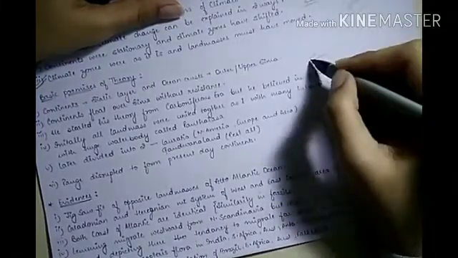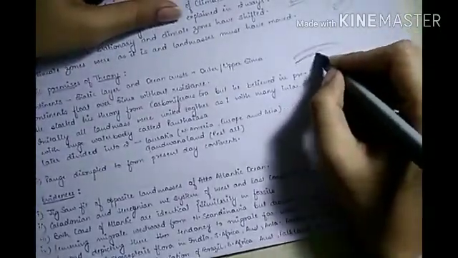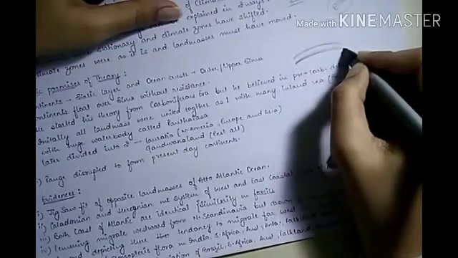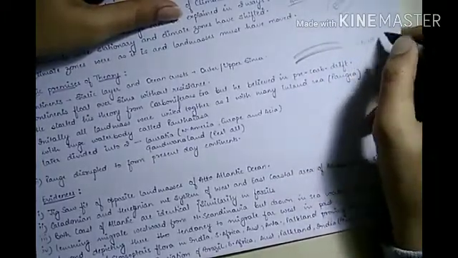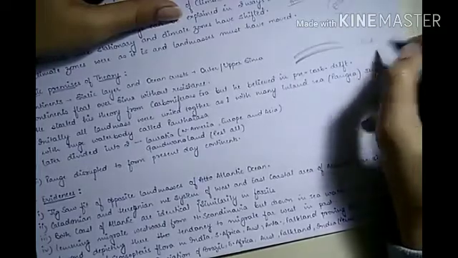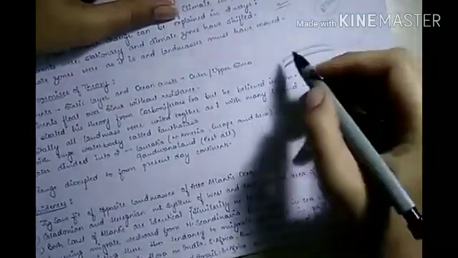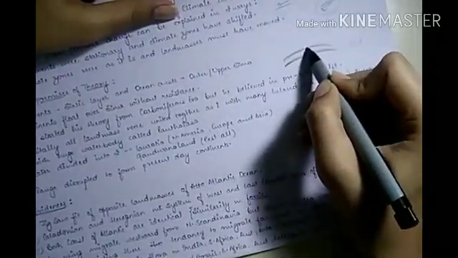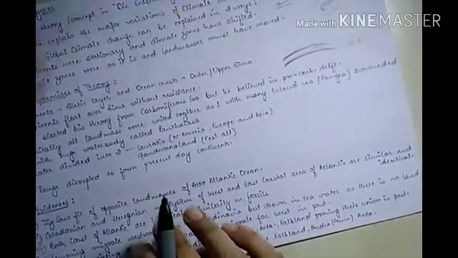The Sial forms the continents, and the upper Sima forms the bed of the ocean, or oceanic crust. And the continents are moving over Sima, floating over Sima without any resistance.